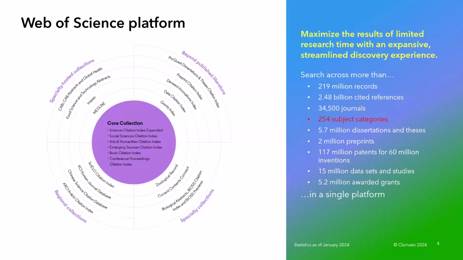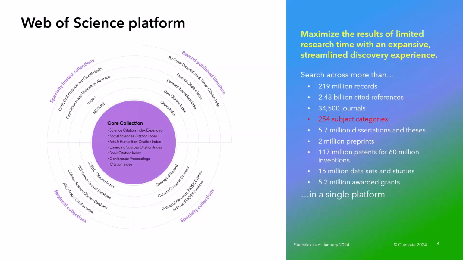This database consists of a series of individual citation indexes that index the primary channels in which research ideas are disseminated, and that is via journal content, book content, and proceedings content. Those are the only sources indexed by the Core Collection: journals, books, and conference proceedings. So that's the database we're going to be focusing on today.